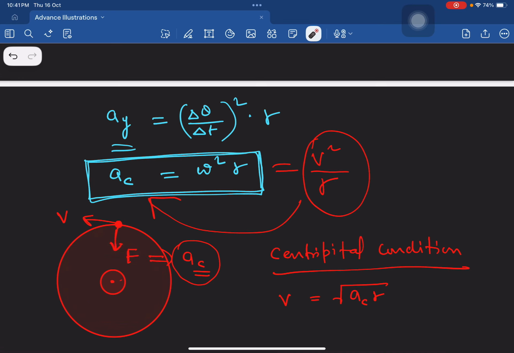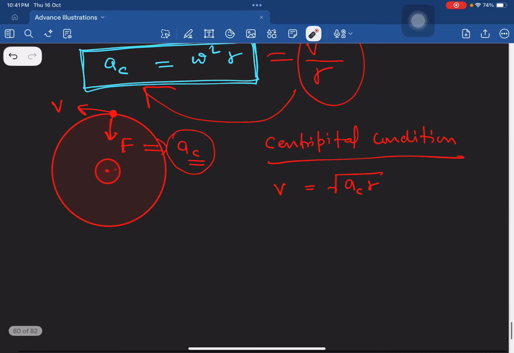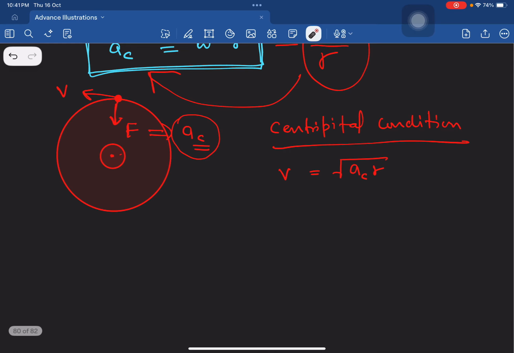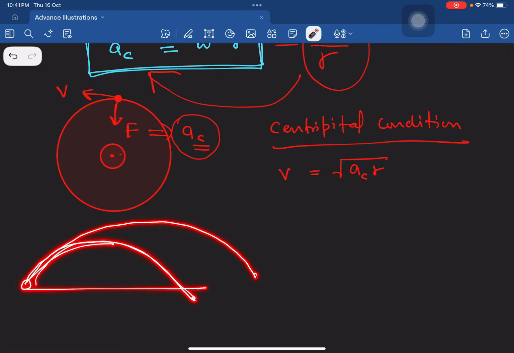But it can't sustain here. It's a very simple example through which I can prove this to you. When we throw a particle from the ground, it does projectile motion and falls on the ground. It does not go and do circular motion about the earth. Why?